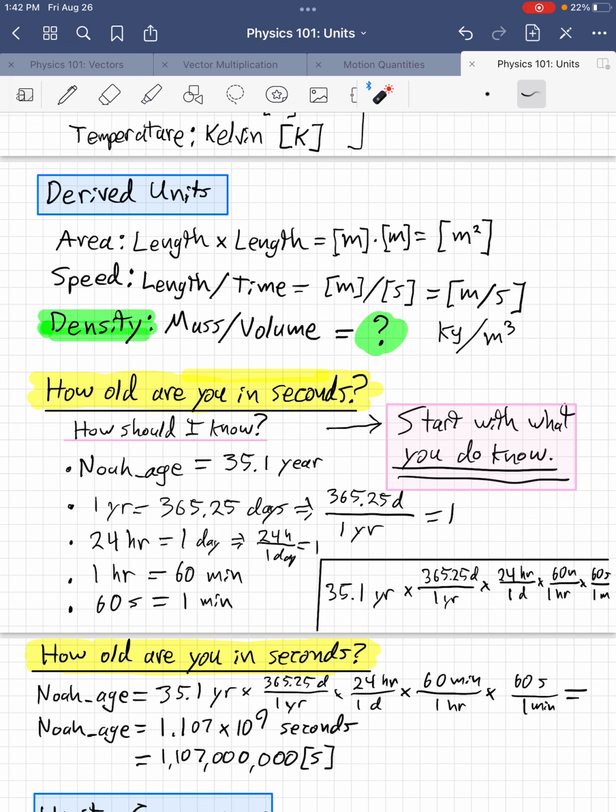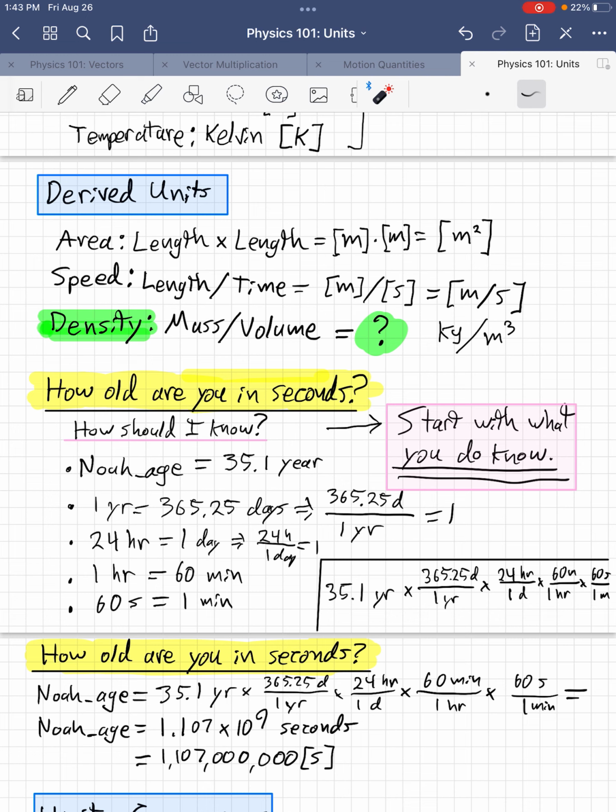So if we were to think about that, take the amount of time, 365.25 days, if you were to divide that by 1 year, it would equal 1, right? Because those are the same. 365.25 days is the same as 1 year, so if you were to divide those 2 times, it would be equal to 1. All right.